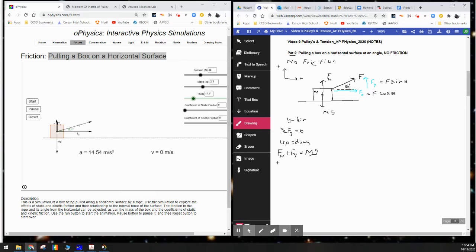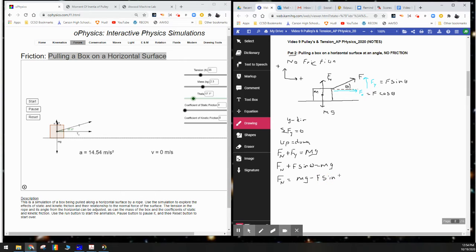All right, so now let's take a look here and see what we got. There's Fn, just like the elevator problem, similar to the elevator problem. Plus Fy, which is F sine of theta, equals mg. So let's solve for the normal force. The normal force is going to be whatever mg is minus F sine of theta.